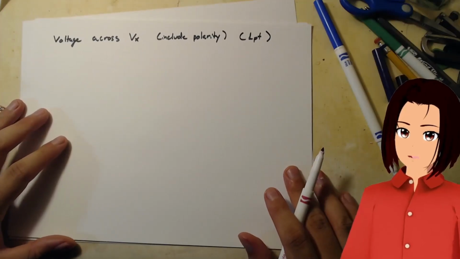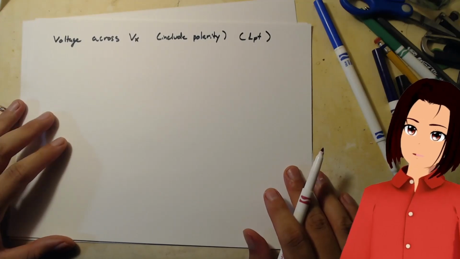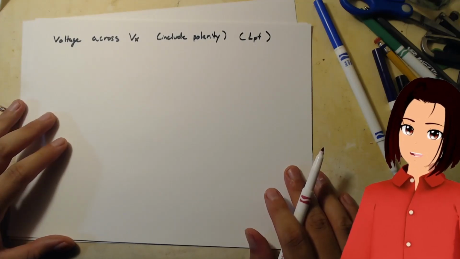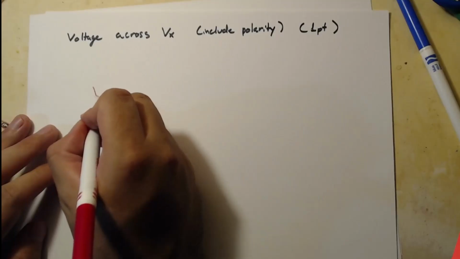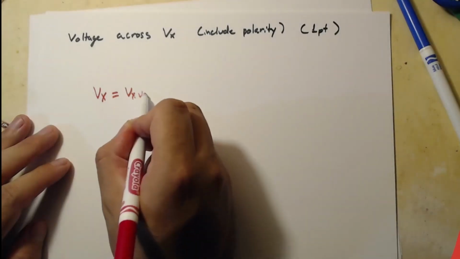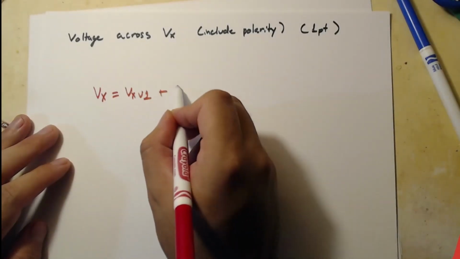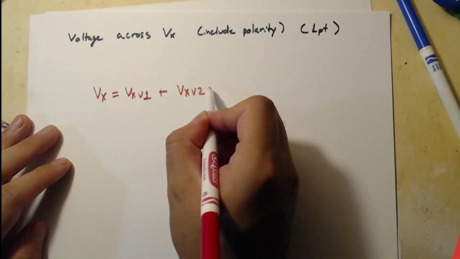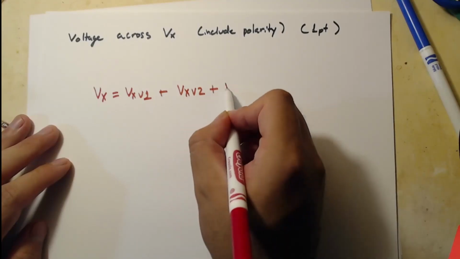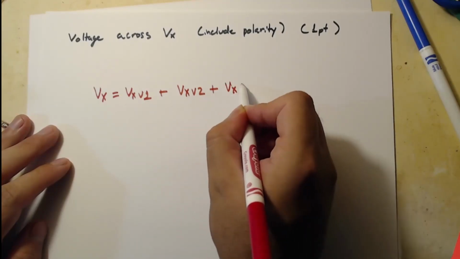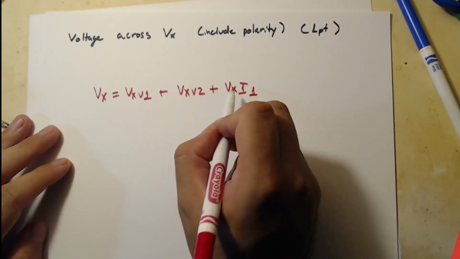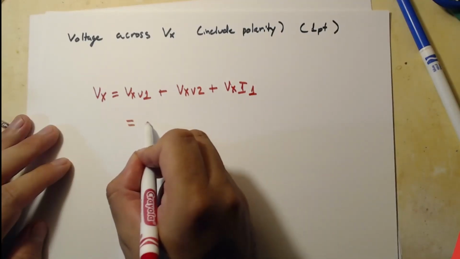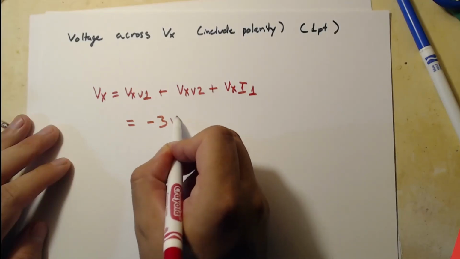Now for the final point, what's the voltage across Vx? And include the polarity. Well, all we have to write is this. Vx is equal to Vx due to V1 plus Vx due to V2 plus Vx due to I1. And we know that's 0 and that's 0 and that's negative 3. So it would just be negative 3 volts.